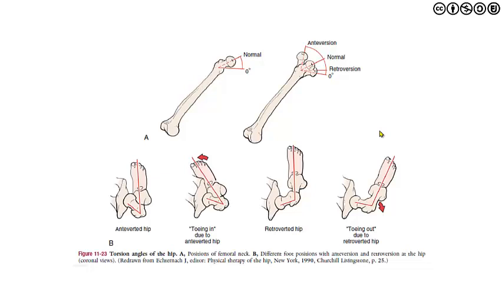If they are more retroverted, oftentimes what you will see is the individual will toe out. And again, this is to better align that center portion of the femoral head with the center of the acetabulum. Again, compensatory in nature.